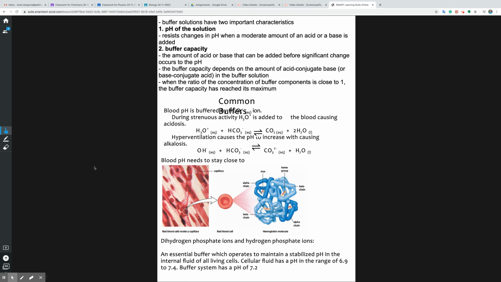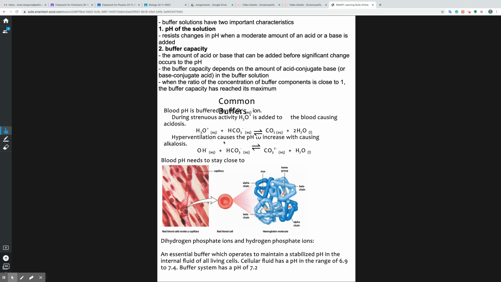Okay, some common buffers. Blood pH is buffered by the hydrogen carbonate ion. During strenuous activity, we build up some acid in the blood, which then reacts with our bicarbonate, or hydrogen carbonate, to produce CO2 and water.